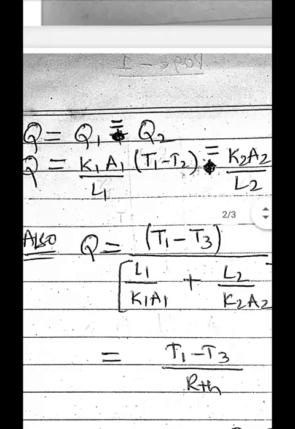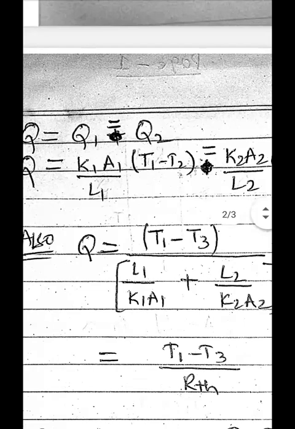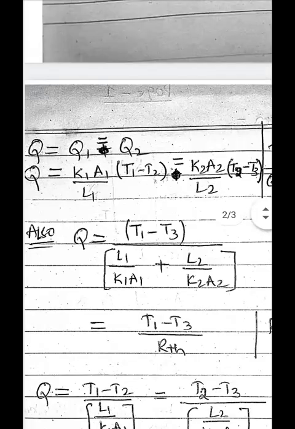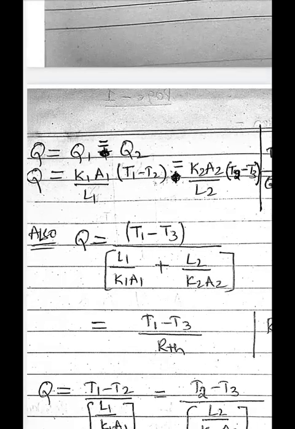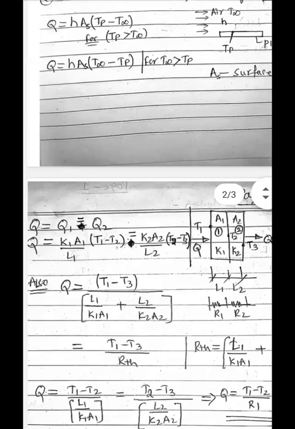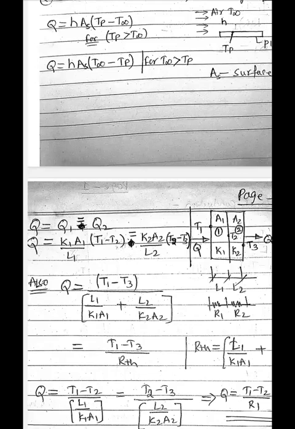Q is equal to, so as you can see, T1 minus T3, the extreme temperature zones. T2 वहां पे नहीं आएगा, delta T it will be T1 and T3. Okay, delta T is T1 minus T3. अगर और एक वॉल है तो उसका और एक टेम्परेचर आता है T4 करके. Alright, we will see that later on.